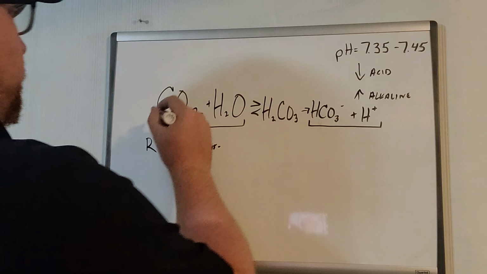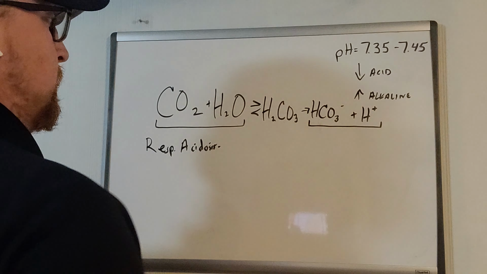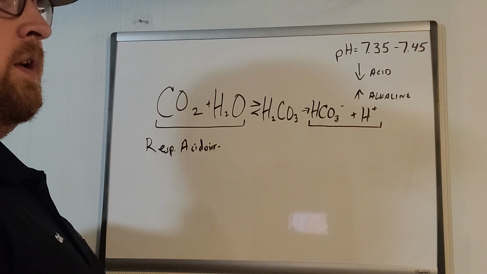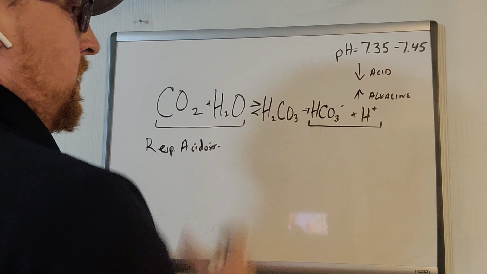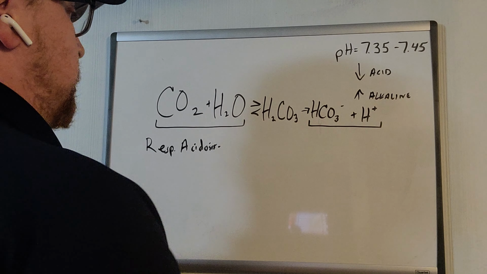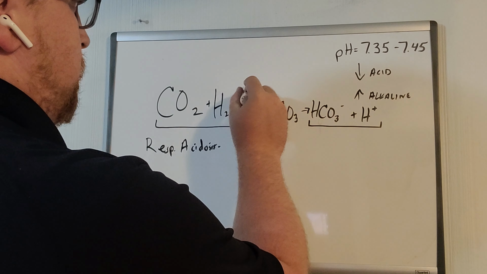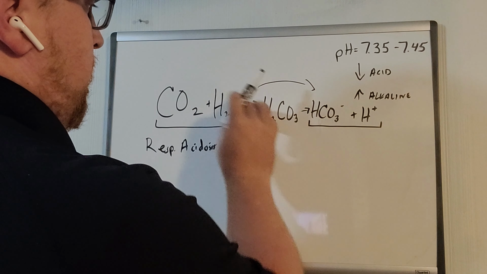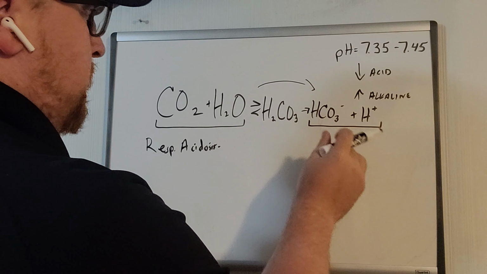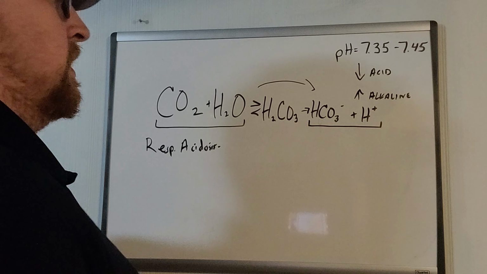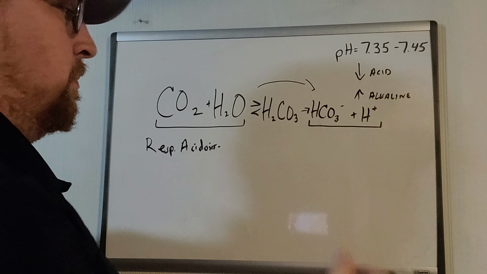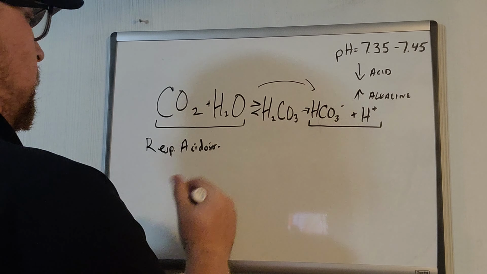So you have an increase in carbon dioxide, which causes an increase in the amount of water it helps attach to as you breathe it off, which then, as the products come together, leaves you with more hydrogen ions. More hydrogen ions brings your pH down, making it acidotic.